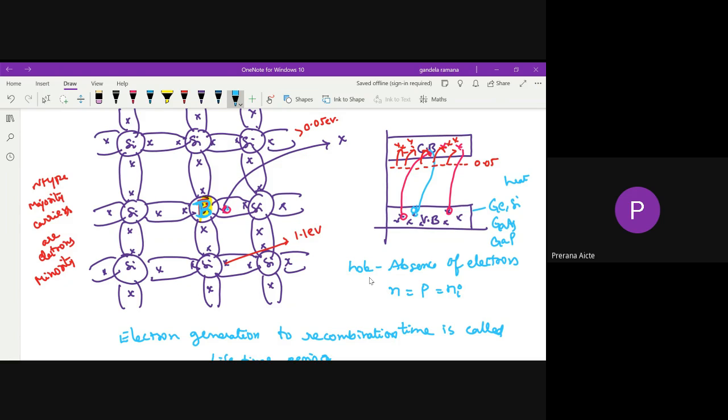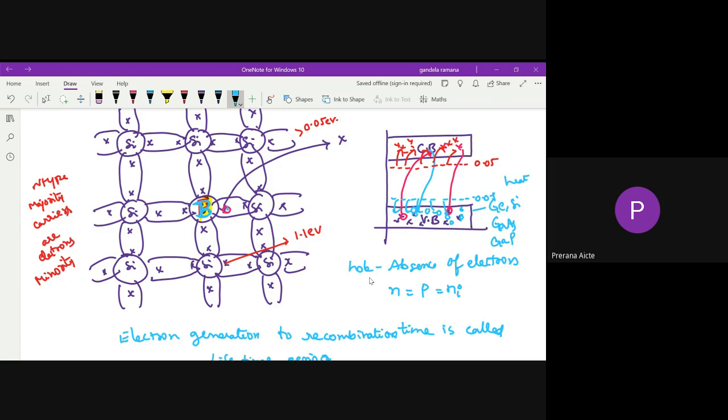So an electron will jump from here to here, and holes are created. Here also holes will be there.